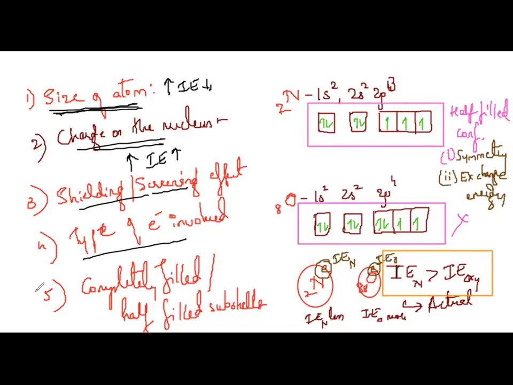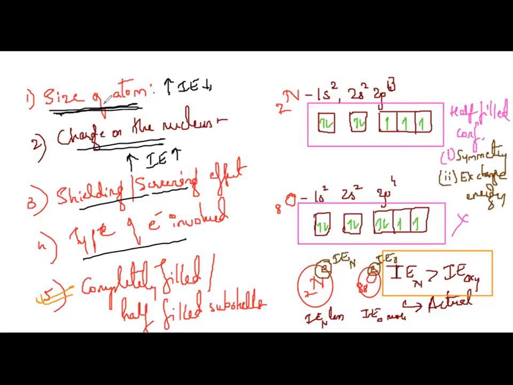It is because of the fifth factor, the half filled electronic configuration, which accounts for more stability, so the ionization energy becomes more, and it does not obey the first factor. So these are the factors which affect the ionization energies.